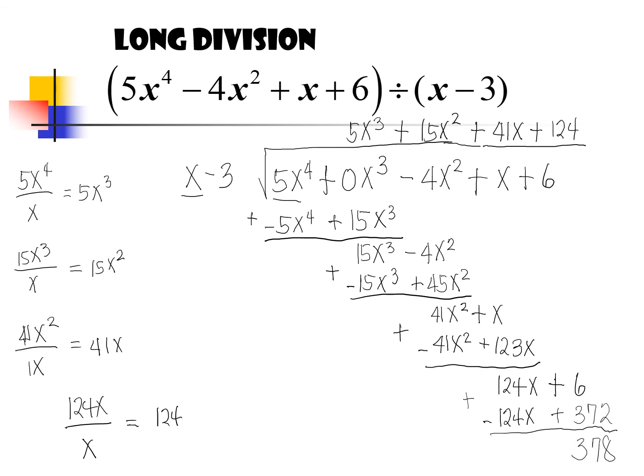And as you can see, class, there's no more term that we can bring down here. So this 378 will be our remainder, since there's nothing that we can bring down. 378 will be our remainder.